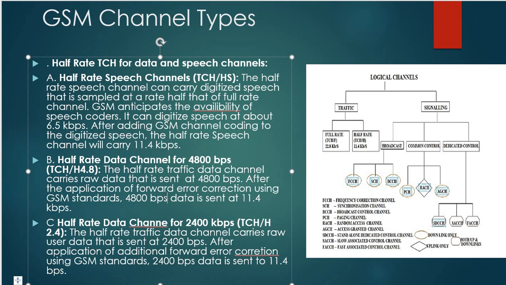So this is the speed of the channel. The next one is the 2400 bps half rate channel. The half rate traffic data channel carries raw user data that is sent at 2400 bits per second, and after adding forward error correction using the GSM standard, the 2400 bps data is sent at the same speed, 11.4 kbps.